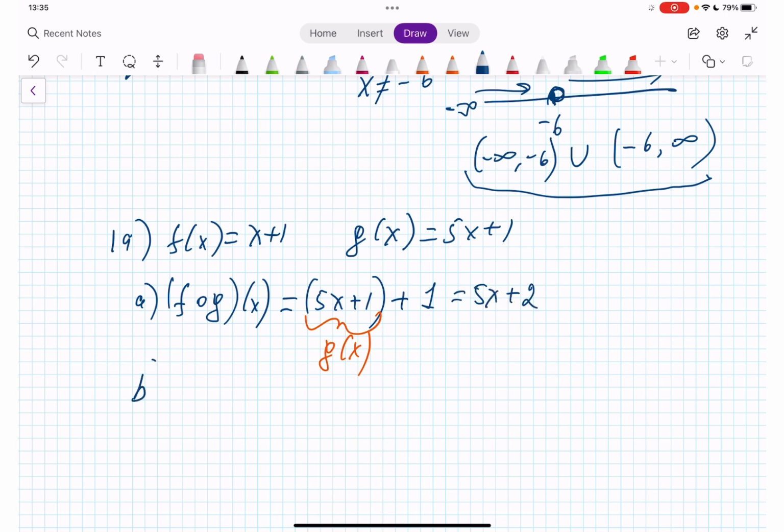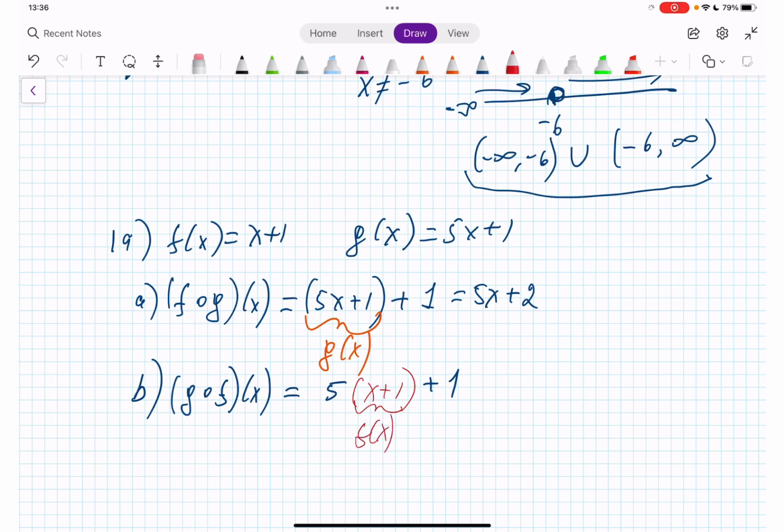B, we need to do g composition with f, which means in 5 times x, instead of x, I plug in f of x, x plus 1, and plus 1. And this is my f of x, right?